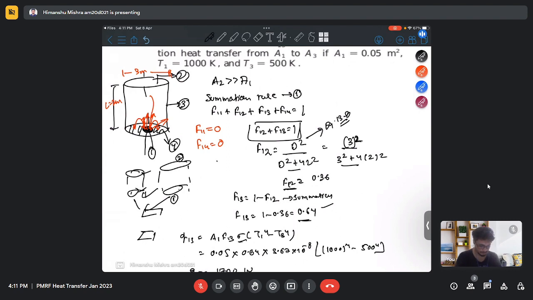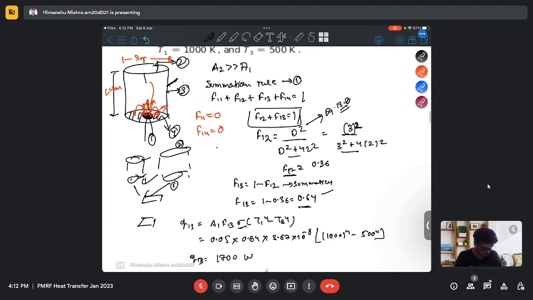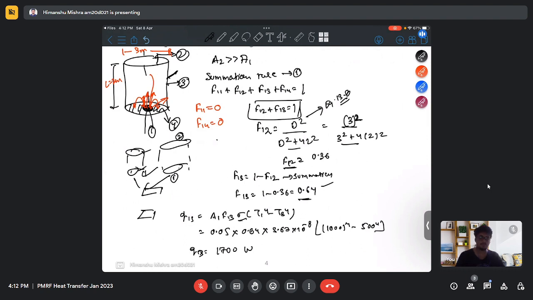Here we don't need to find it at the top surface. By either using summation or the reciprocal theorem, we can find the shape factor of other surfaces. Then we can use the Stefan-Boltzmann law to find the heat transfer. So it's a standard problem. Any doubt in this question? No, sir.